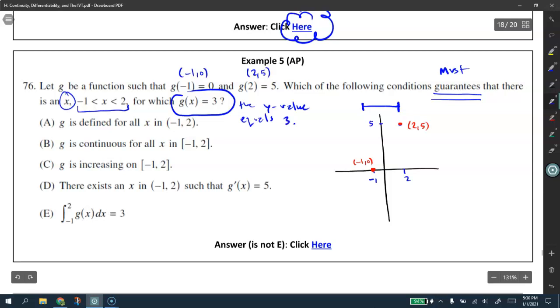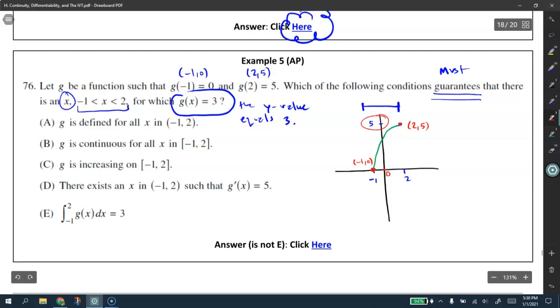So where is that number exactly? So more on this in a little bit, but basically here's an idea. Let's suppose the graph went like this. Notice how this over here is 0, and that over there is 5.